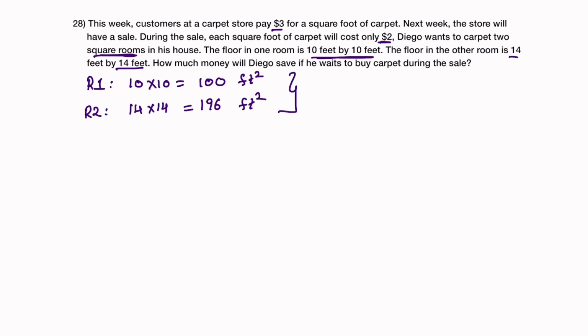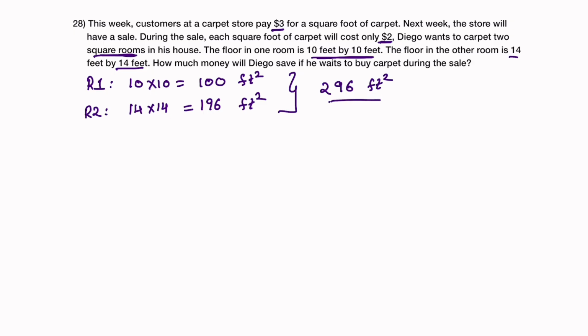So what's the total area? We add it. So that is 296 feet square. How much money will Diego save if he waits to buy carpet during the sale? If he's buying now, he's paying $3 per square foot, right? And if he buys during the sale, it is $2. So he's saving $1 per square foot, right?